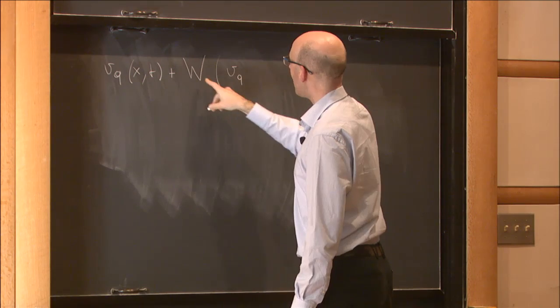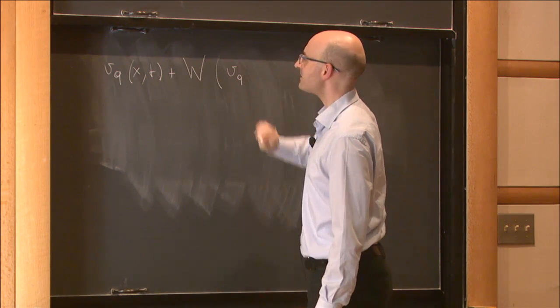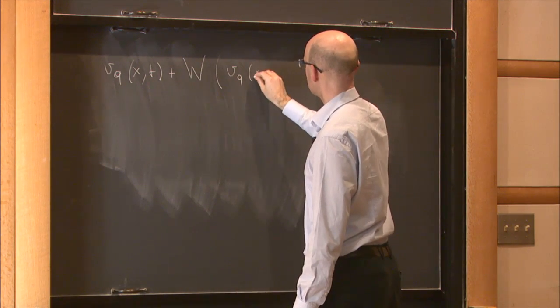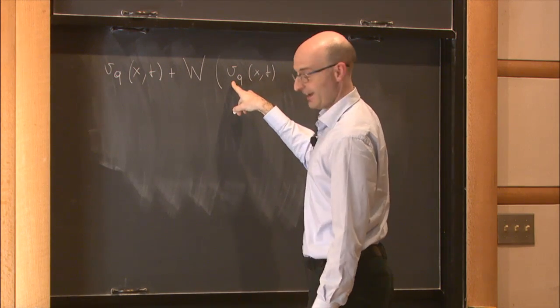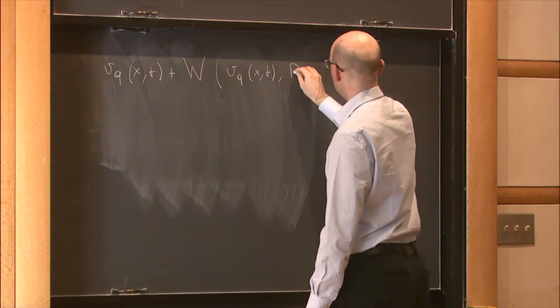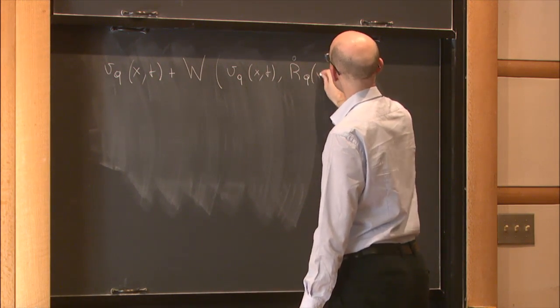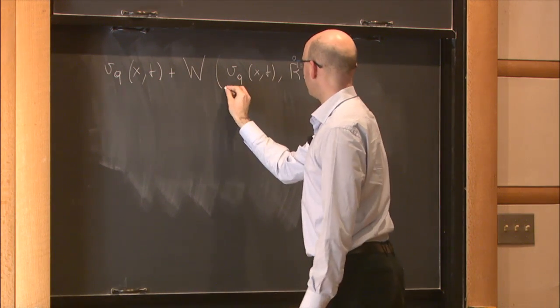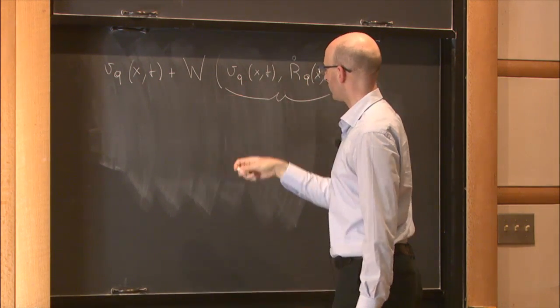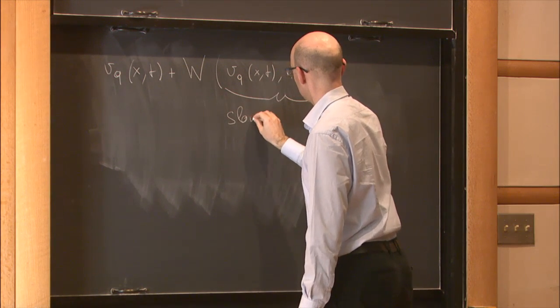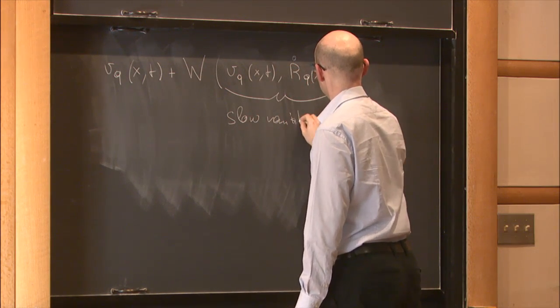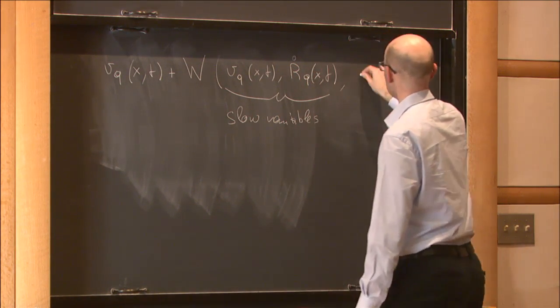So I will have some kind of master function, big W, which depends on the value of VQ, and then the value of R circle Q over here. And I will call these 2 entries for W the slow variables. And then I have a fast oscillation.